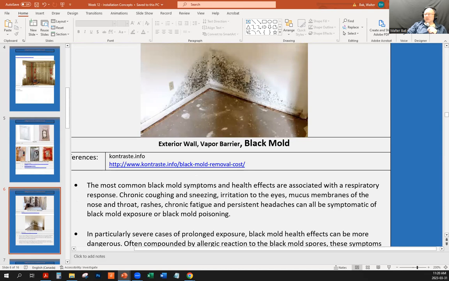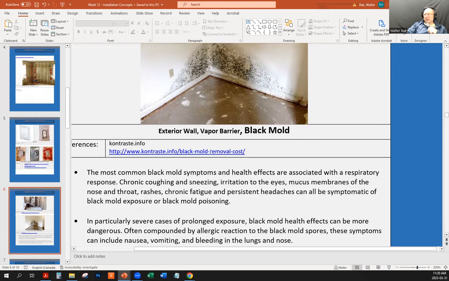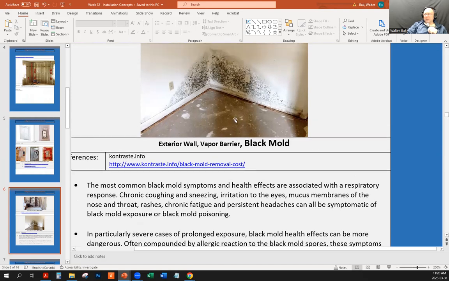There are certain companies and certain ways of dealing with black mold. It's not easy to get rid of, but there are ways. Let the professionals deal with that. Don't do any work when you see black mold. Just get out.